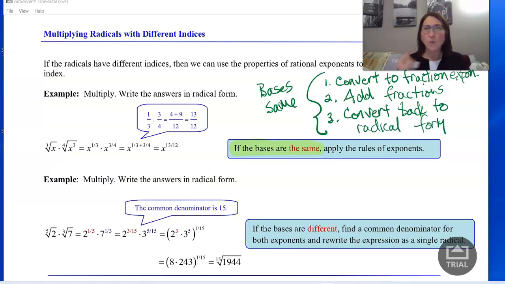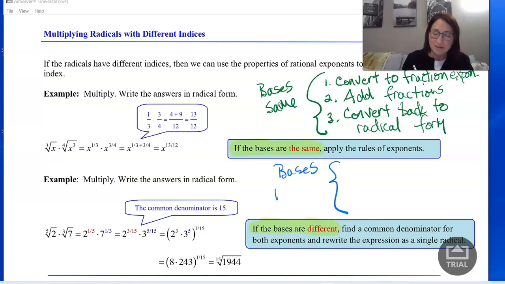All right. What if the bases aren't the same? Then if the bases are different, here's what you do. Actually, we'll do this one in blue. I don't know, I like blue. So the bases are different. Step 1, we start out the same. We convert to a rational exponent.